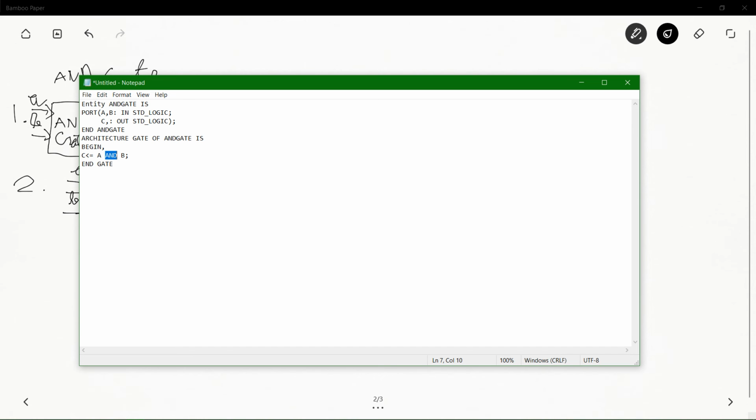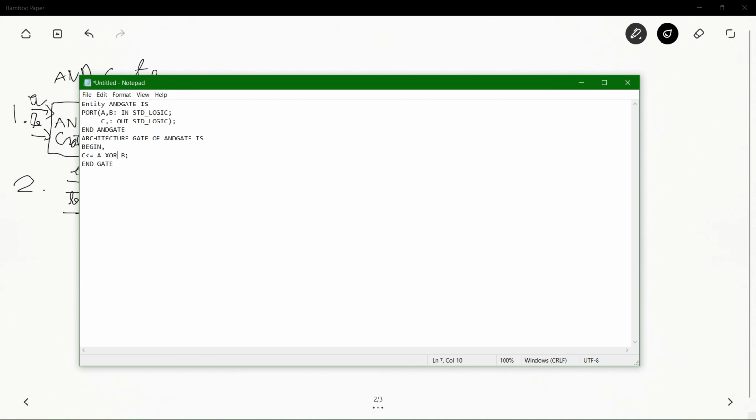Now, you guys might also ask, what if I want to draw an OR gate? Not an issue. We can simply put OR here, right? You might also ask, what if we want to make an XOR gate? That will also not be an issue.